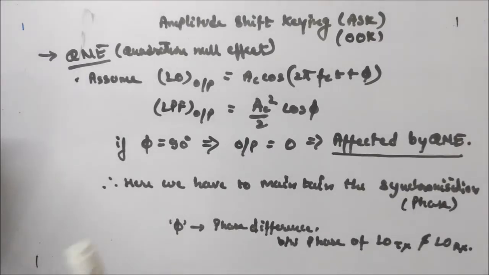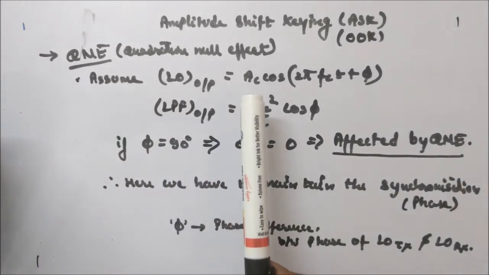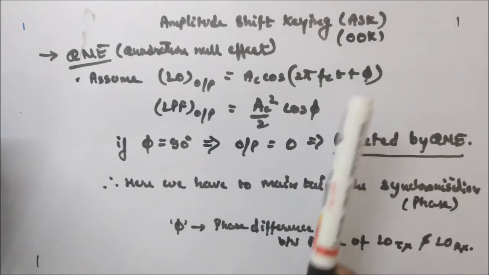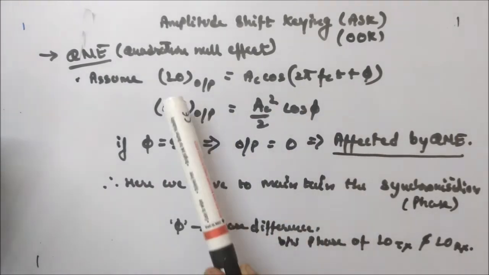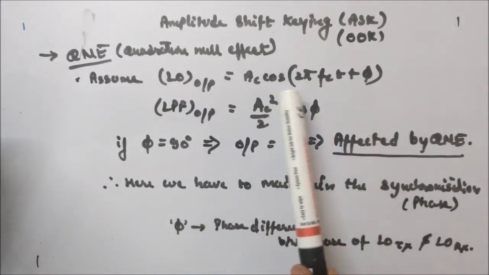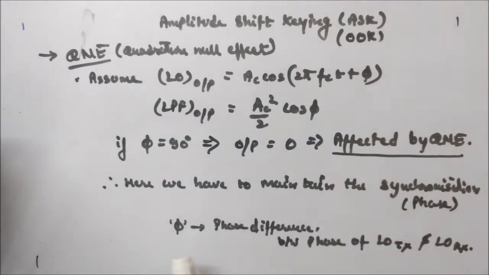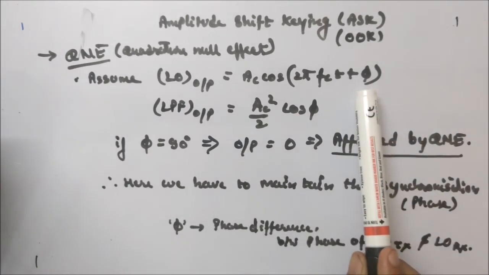Okay, so now let's see what will happen when your local oscillator has some phase difference. Let's say instead of Ac cos 2 pi fc t, your local oscillator output is Ac cos(2 pi fc t + phi), where phi is the phase difference between the local oscillator of the transmitter and the local oscillator of the receiver. Those will have two phases. The phase difference is represented by phi.